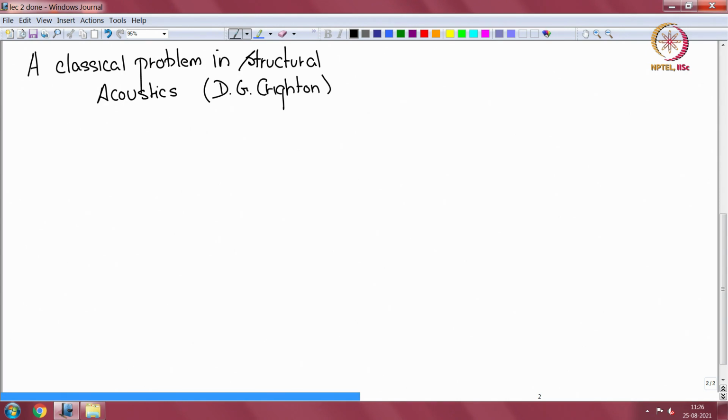So what is this problem? It's a plate, a flexing plate that resides in the xz plane.